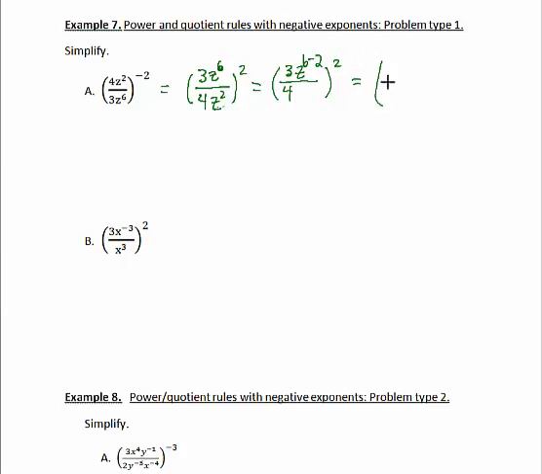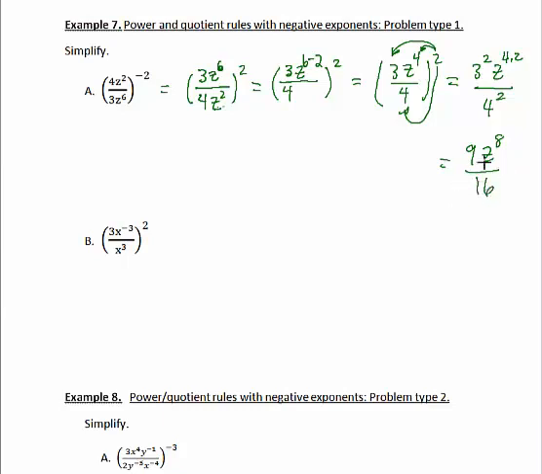And then we would have had a 3 times z to the 4th over 4, and then applied the power rule to the 3, the 4 as the exponent, and then the 4, the number on the bottom. And that would give us 3 squared z to the 4 times 2 over 4 squared, which is 9z to the 8th over 16. The same result, we just did the steps in a different order.